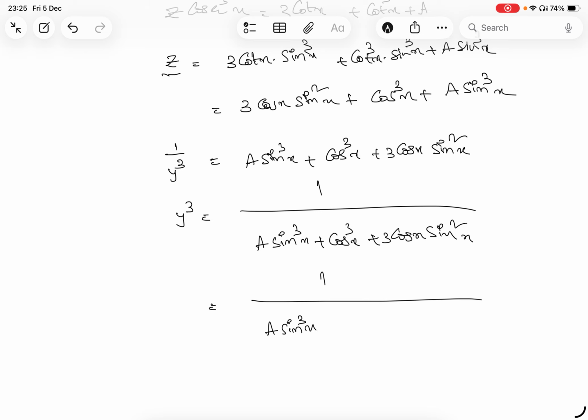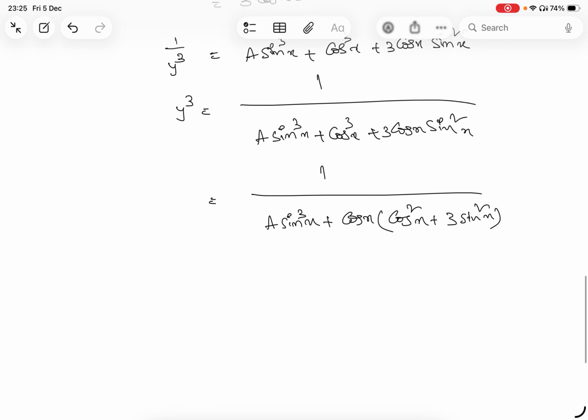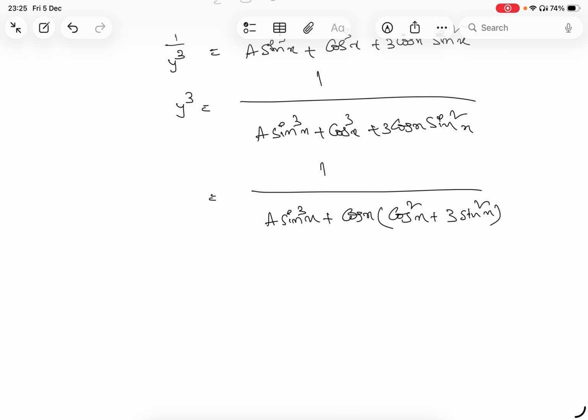This, if you want, you can simplify further as a sine cube x plus, now if you take cos x as common, then you are left with cos square x plus 3 sine square x. Right? That is 1 by a sine cube x plus cos x into cos square x plus sine square x plus 2 sine square x, right?